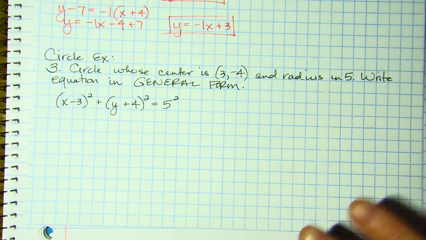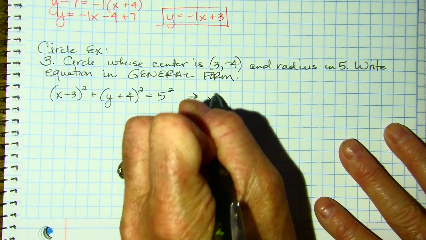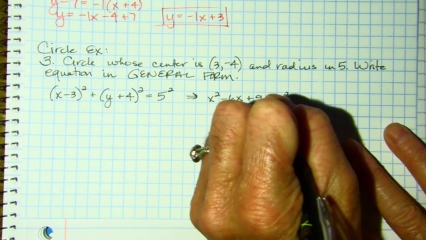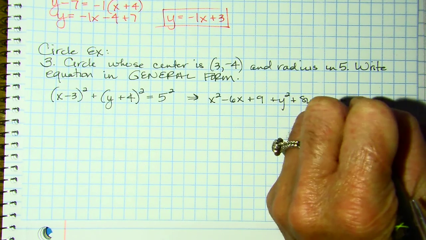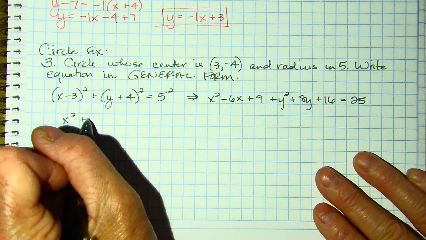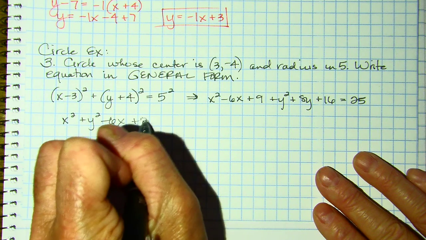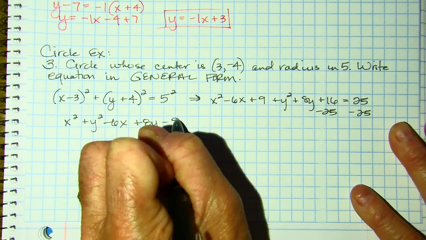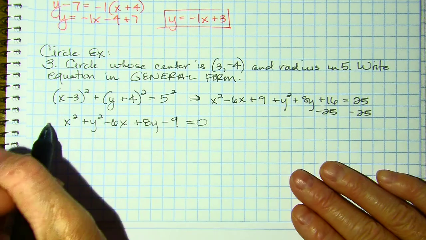And to get this in general form, I would then distribute. So x squared minus 6x plus 9 plus y squared plus 8y plus 16 equals 25. And then I would list terms in order. So x squared plus y squared minus 6x plus 8y, and I'd have to subtract 25 minus 9 equals 0.